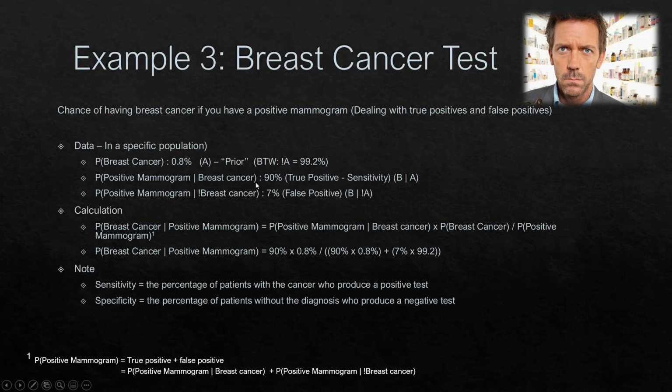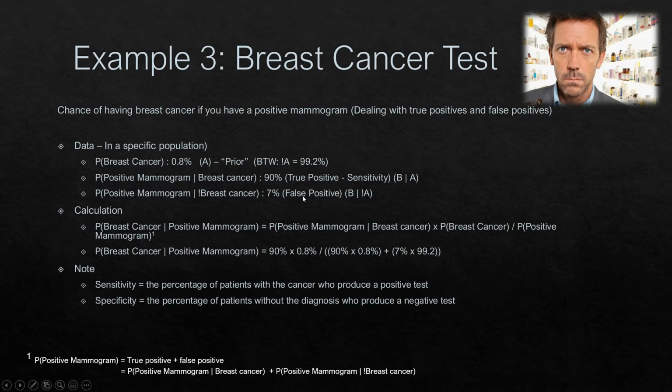The next parameter is the probability of having a positive mammogram given the person has breast cancer, and that would be the sensitivity of the test. So for mammograms, that's 90% of the time it comes up with a true positive. So that's our probability B given A. And then the last part of the formula we need is the probability of a positive mammogram given that the person doesn't have breast cancer.